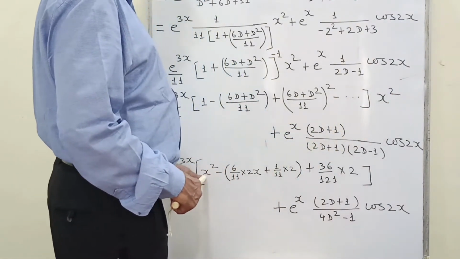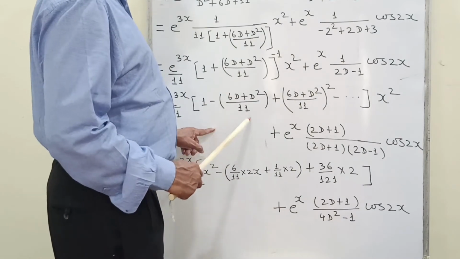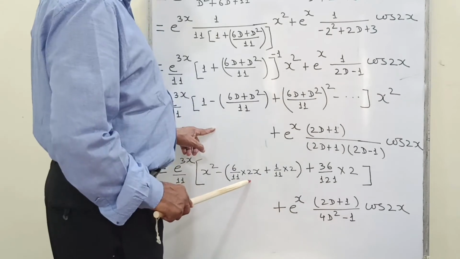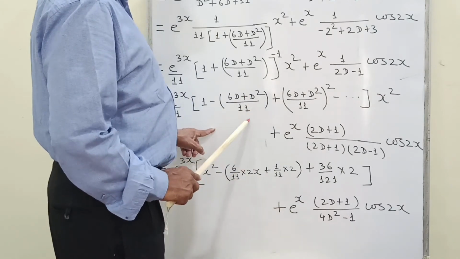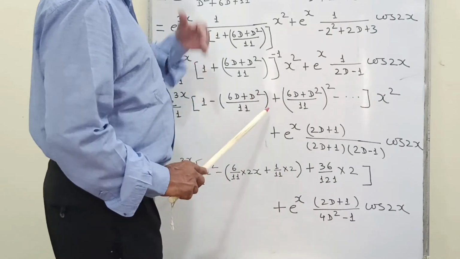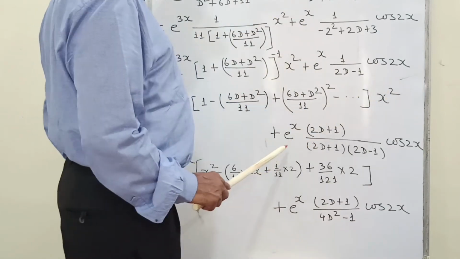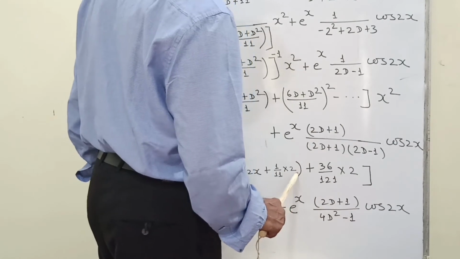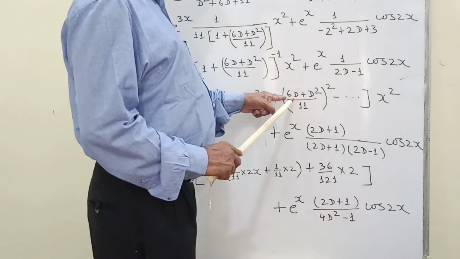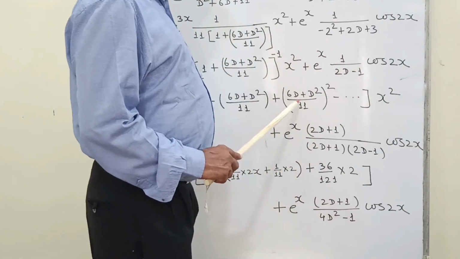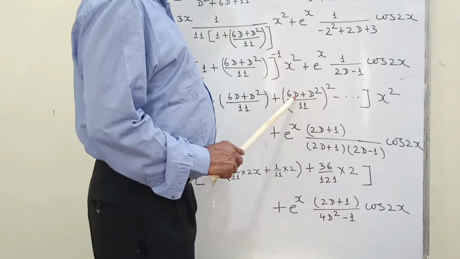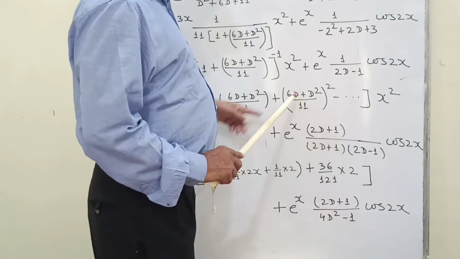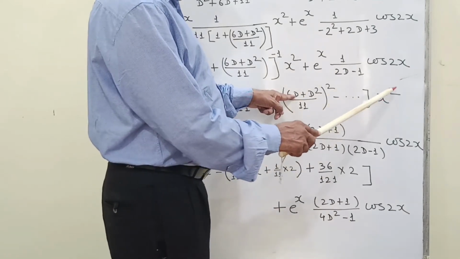So here x² − 6/11 times the derivative of x², which is 2x, plus 1/11 times D² of x², which is 2: first derivative 2x and second derivative 2. Plus, squaring this, 36/121 D² into the derivative, 2 times of x² is 2.